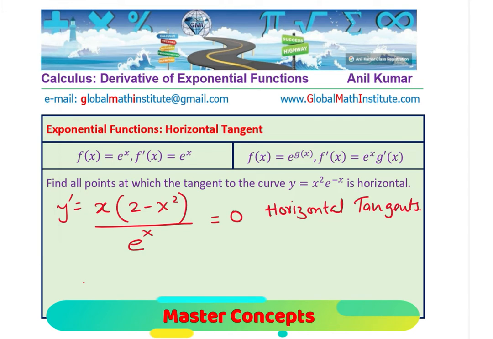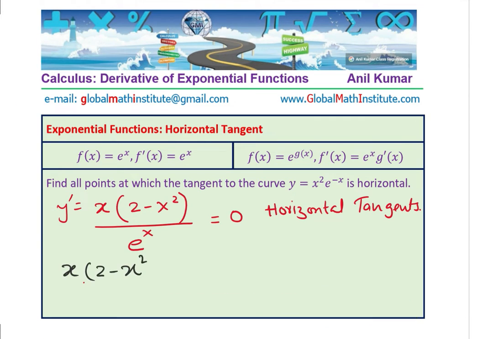So the numerator is x times 2 minus x squared. Let us equate this to 0. Now it really means that x is equal to 0, or 2 minus x squared equals 0, which means x is equal to plus or minus square root 2. Clear? So these are the points where the derivative could be 0, right?